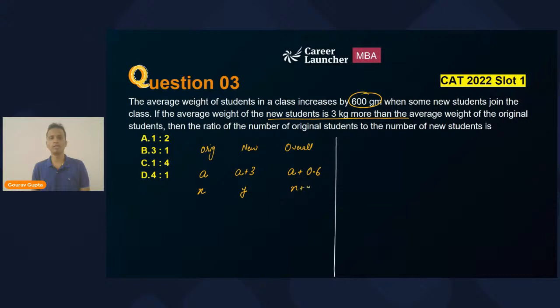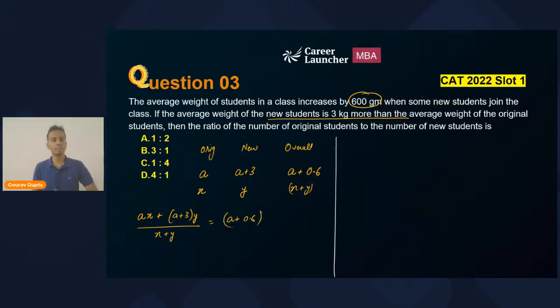So overall, there will be X plus Y students. The equation will be original sum AX, plus the sum of the new students, (A plus 3) multiplied by Y, divided by the total number of students X plus Y, is equal to A plus 0.6.